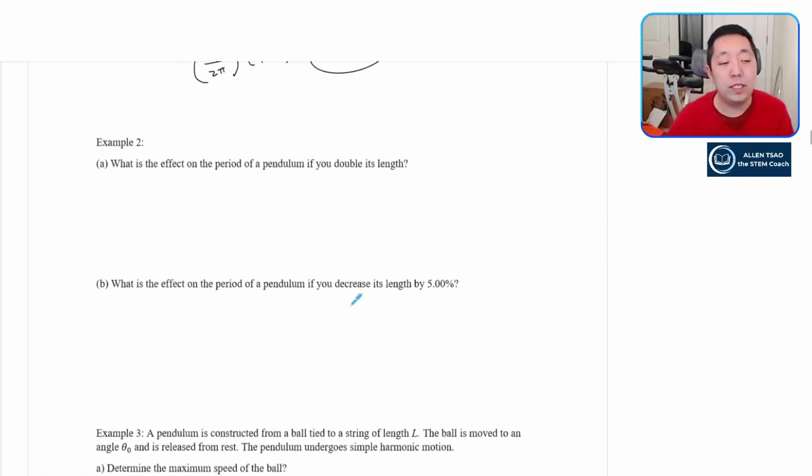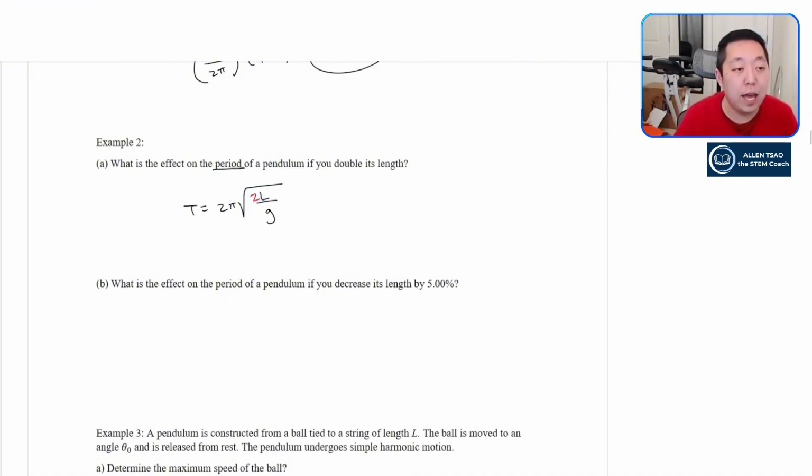Example 2. What is the effect on the period of a pendulum if you double its length? Well, this is understanding the variables. If I double L, I multiply it by 2, and the period is going to multiply by the square root of 2. Imagine I put a 2 in here. What do I have to do to the other side to balance it?